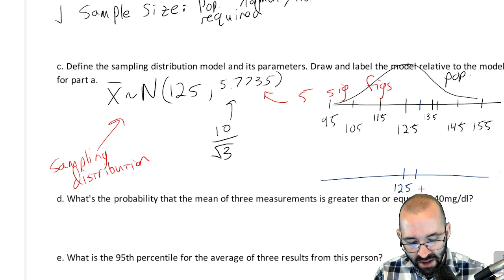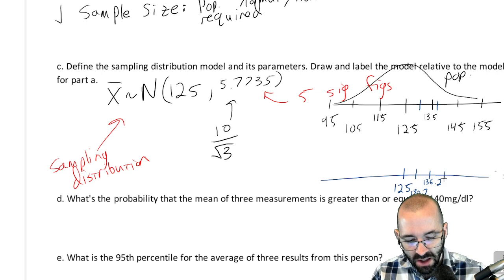So this is 1 standard deviation above the mean, which is going to be like 130.7. 2 standard deviations was right here, which is 136.2. And then 3 standard deviations is already over here. So our standard deviations are much smaller.